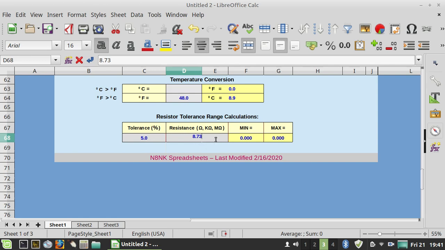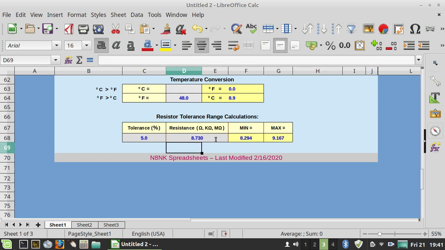Now I can put a value in K here, and the result will be in K. So if it calls for a 5% tolerance at 8.73K, all I've got to do is type it in, look at this, and look at my meter, and I'll know real quick and real easy without doing any mental math whether that resistor falls within range.